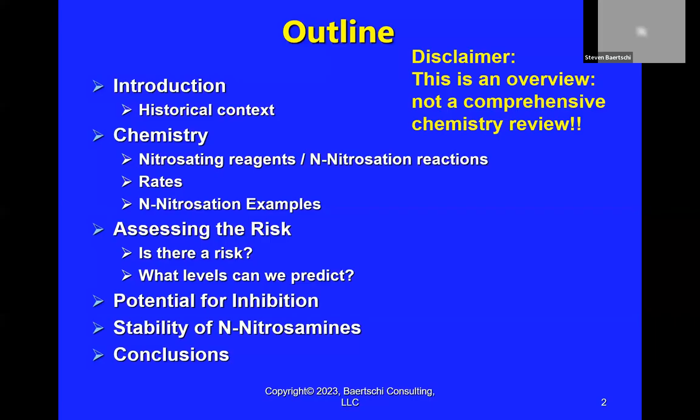I'm going to talk a little bit about the potential for inhibition of N-nitrosation reactions in a drug product, and or scavenging of it using packaging. I'm also going to talk a little bit about the stability of nitrosamines, just a little teaser on that as part of their chemistry. And then conclude, wrap up, and look forward to a little Q&A.